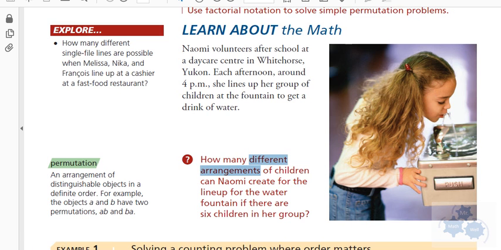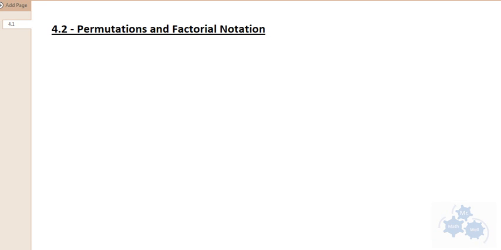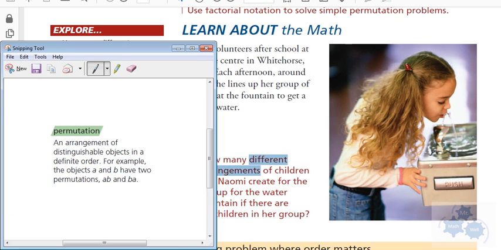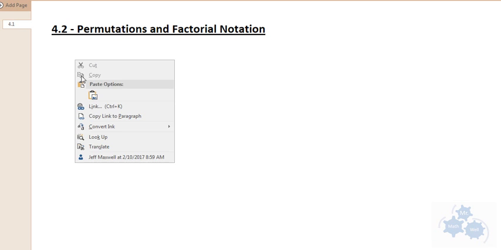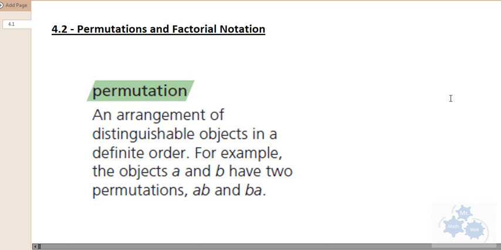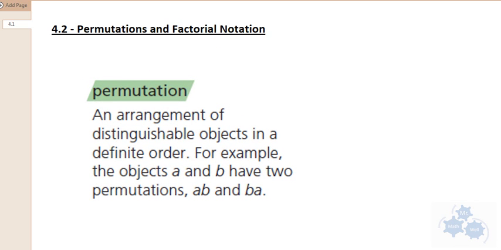So let's just take a look at this definition here. Permutation. Flip that and bring her over into the notes. Make that a bit bigger for you. So a permutation is an arrangement.